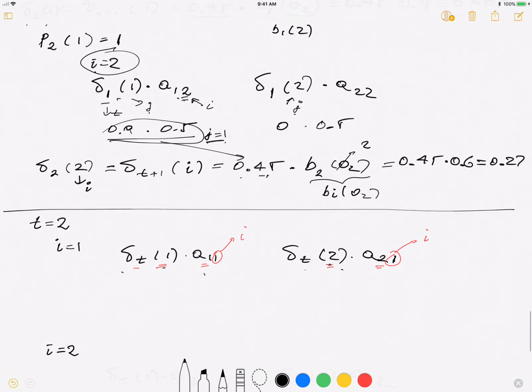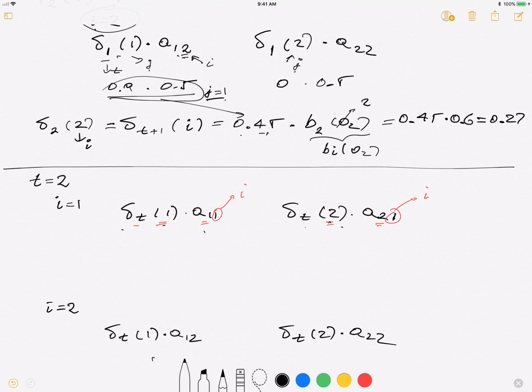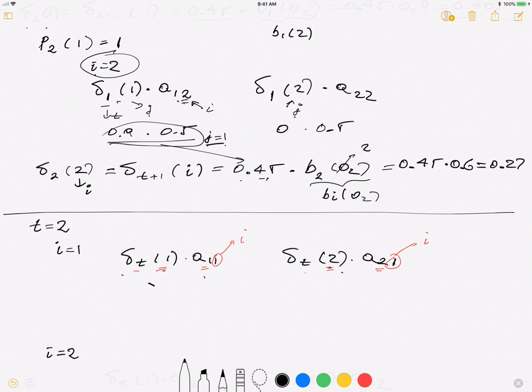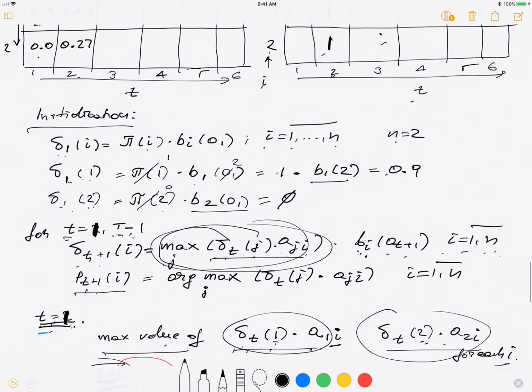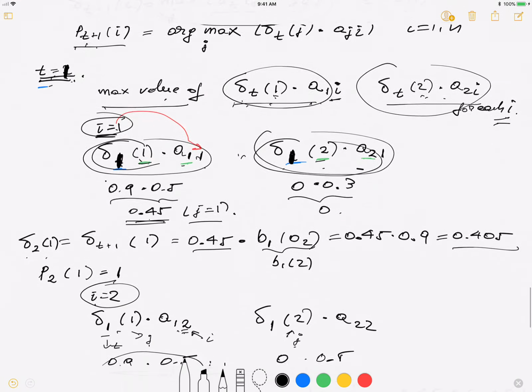So let's do that step. Delta T1, since T is 2, is delta 2,1. Delta 2,1 is 0.405.